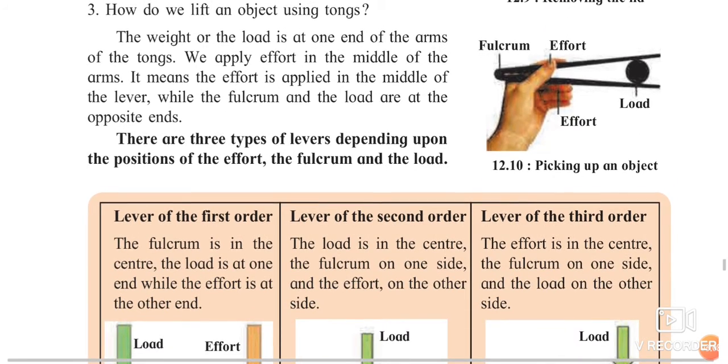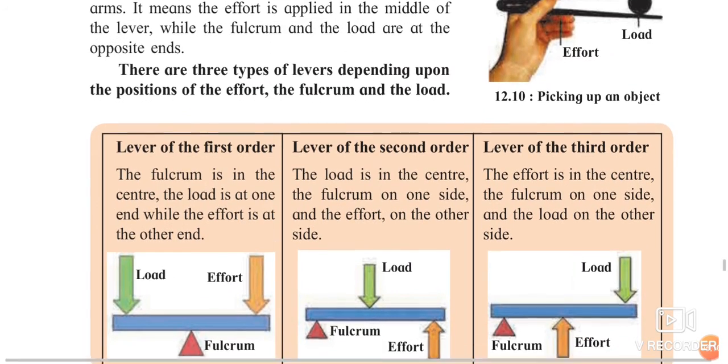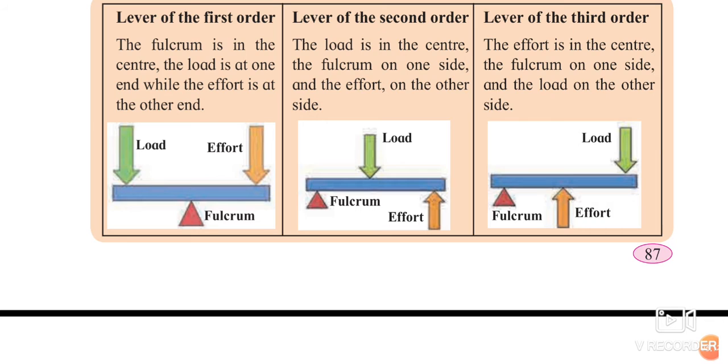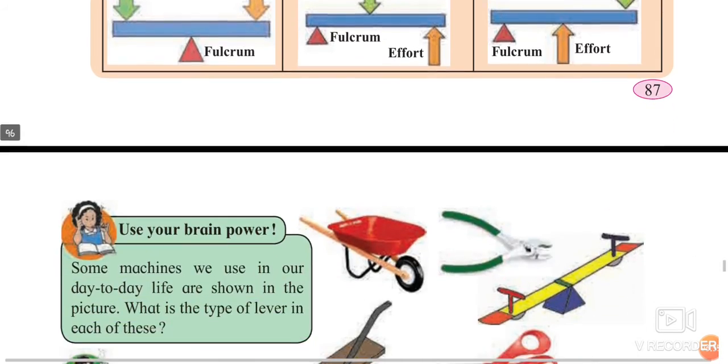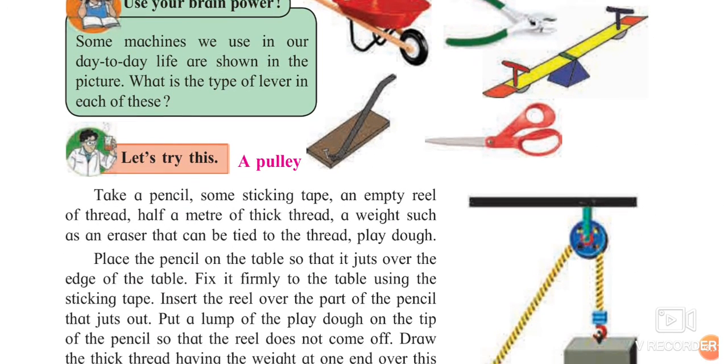In a lever of the first order, the load is at one end, the fulcrum is in between, and the effort is at the other end. In a lever of the second order, the fulcrum is at one end, the load is in between, and the effort is given at the other end. In the third, the fulcrum is at one end, the effort is in between, and the load is at the other end. So that is the vice versa. The sequence changes, and depending upon it, the orders of the levers are decided.